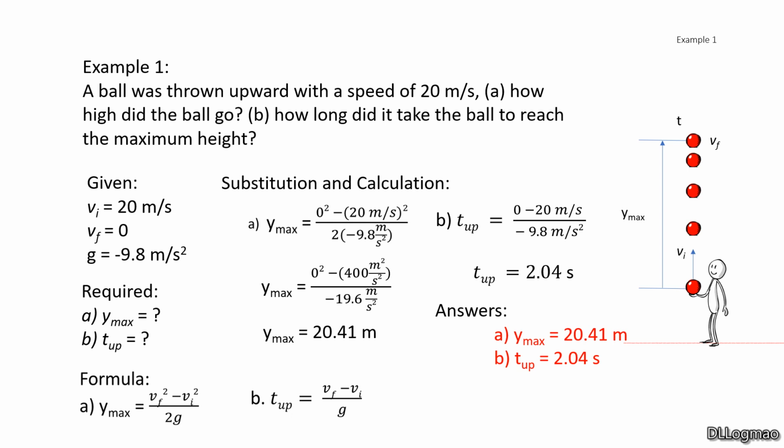These answers may be checked using the second equation, y equals v sub i times t plus 1/2 times g times t squared. Substituting the time computed, 2.04 seconds, and other provided information.